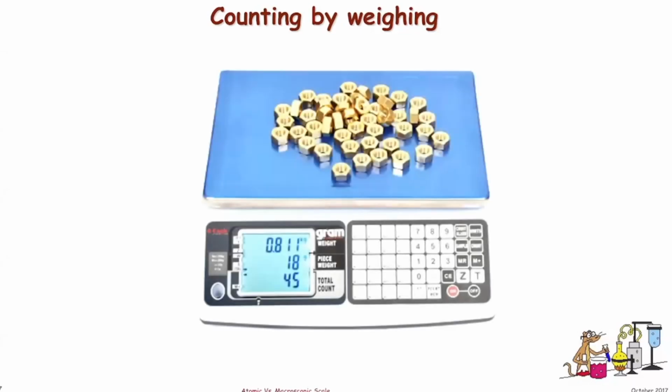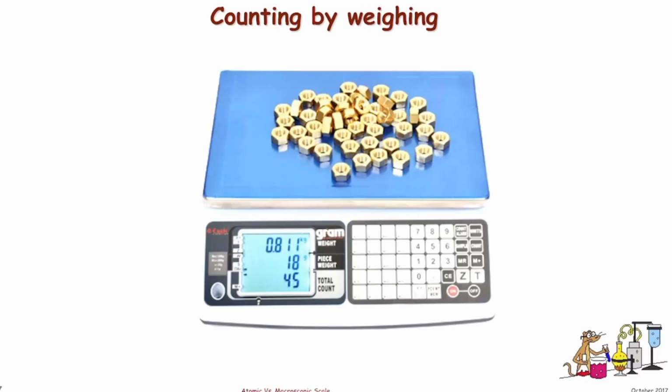And it's a way of counting by weighing, which is what your experiment will be. I think it's experiment number 8. If you have so many individual pieces and it'll take you forever to count them, there is an easier way to count them by just weighing them, as long as all those individual pieces have more or less the same mass.